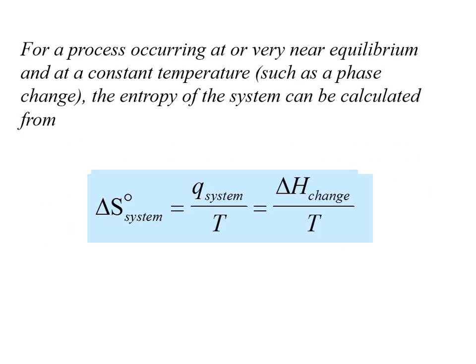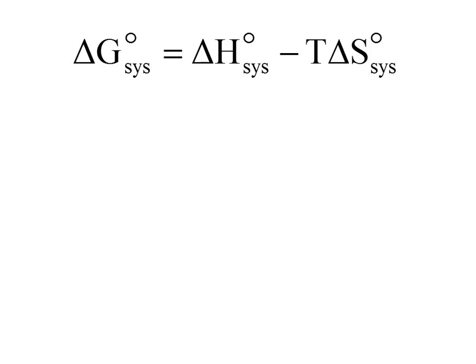I'm going to show you why this is the case. If you have something that's at equilibrium, the change in entropy of the system is equal to the change in enthalpy divided by the absolute temperature, if your temperature isn't changing much, at constant temperature, and at or near equilibrium. At equilibrium, a few slides ago we said that the Gibbs free energy was equal to 0.